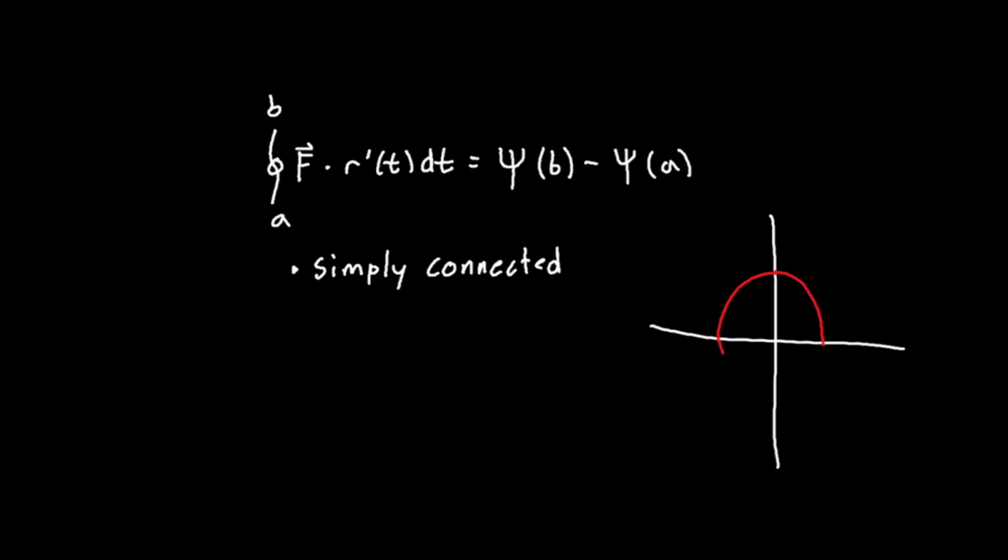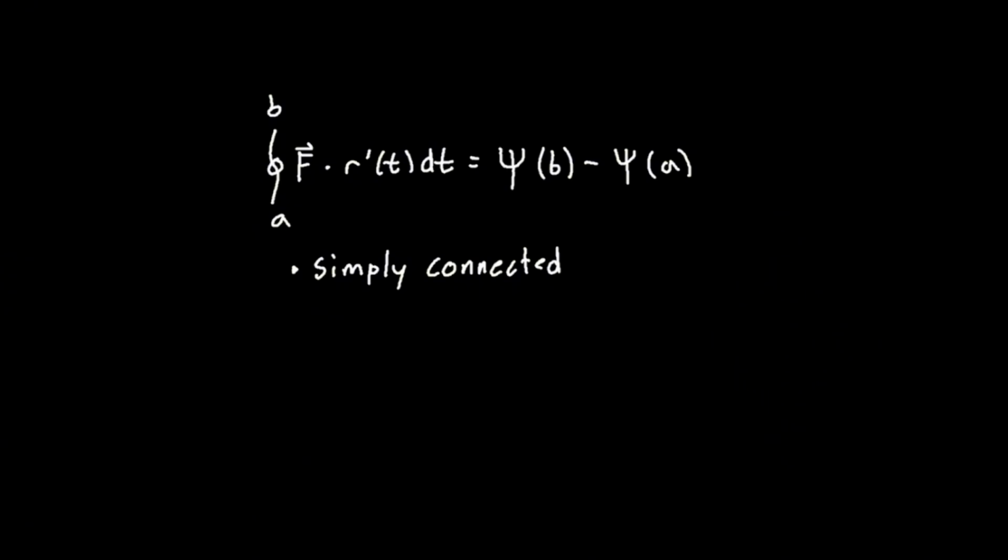But if you had a full circle, an actual full circle, with no holes in it, then it's simply connected. But let's say you had some undefined region here, represented in purple, and you try to find your potential function along this closed region, but there was a hole, then it is not simply connected.